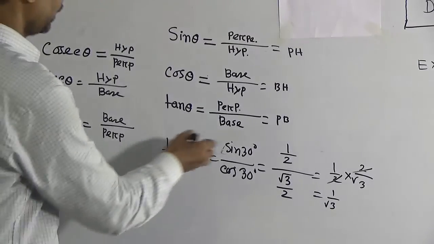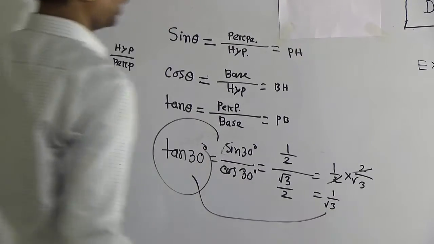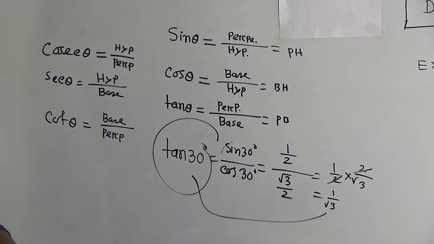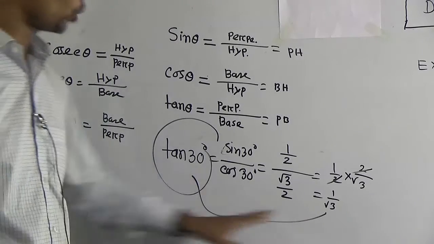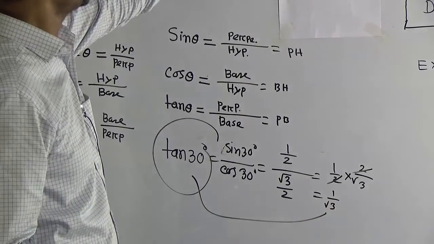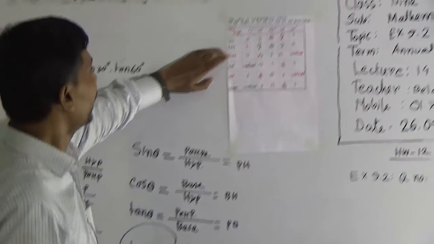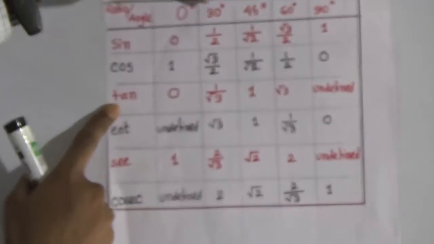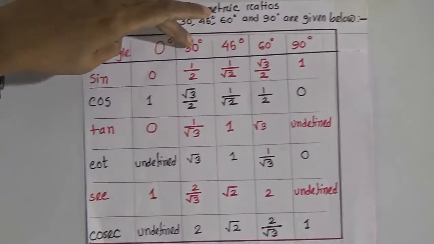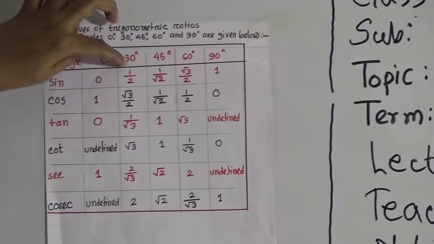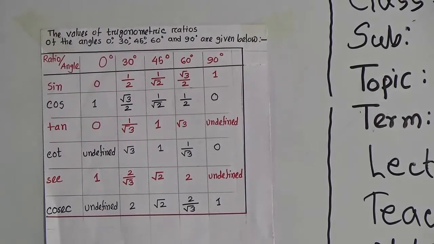That means tan 30 degree equals 1 by root 3. Now see the table: tan 30 degree equals 1 by root 3.